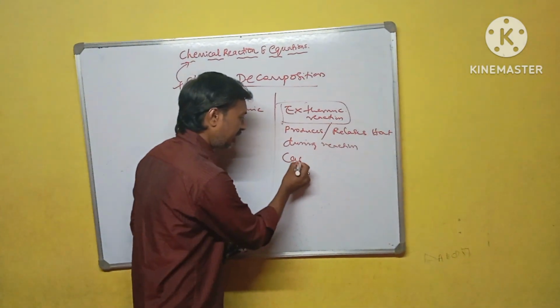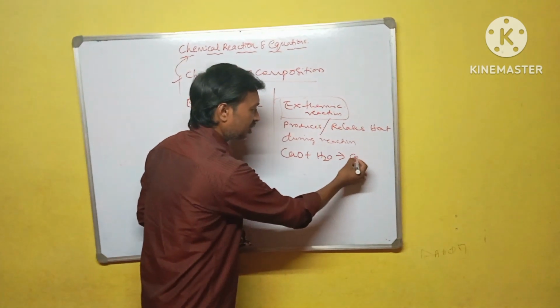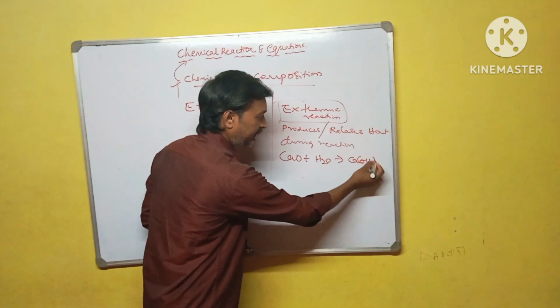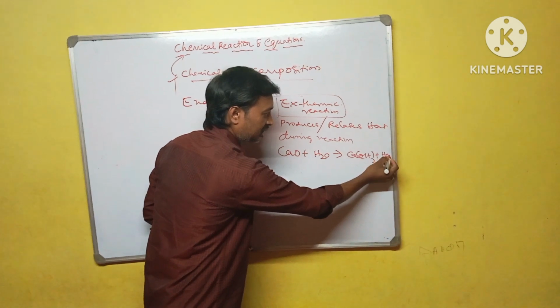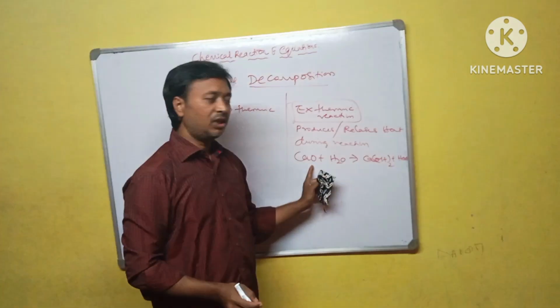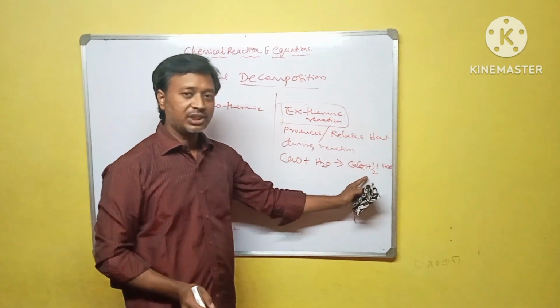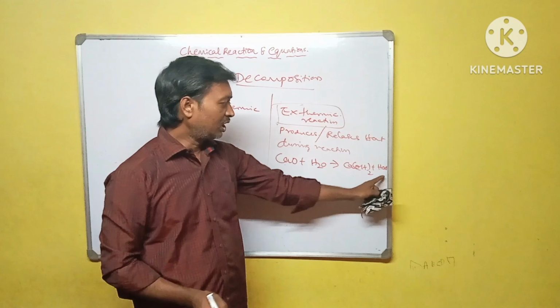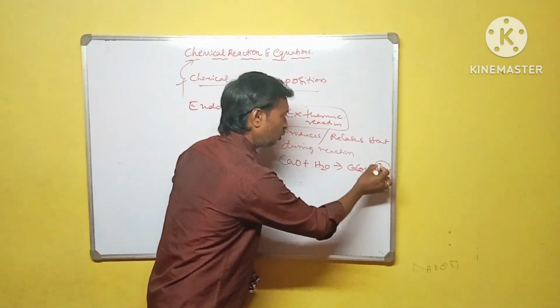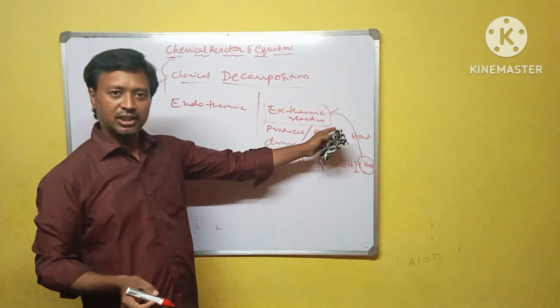Example: CaO plus H2O gives Ca(OH)2 plus heat. When you put water on calcium oxide, it becomes calcium hydroxide and produces heat. So it is an exothermic reaction.